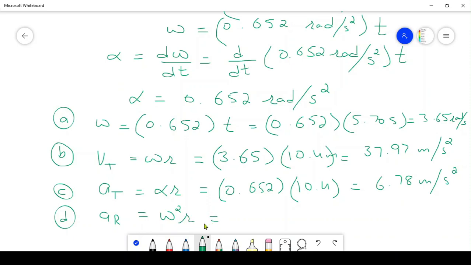The value of omega is found in the first part and it is equal to 3.65 radians per second. 3.65 squared multiplied by 10.4, and after solving I get the answer of 139 meters per second squared, and this is our final answer for radial acceleration.